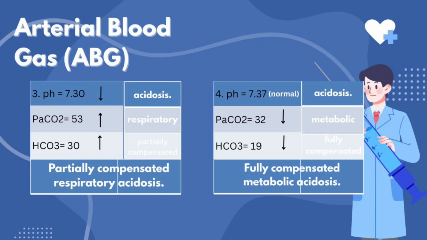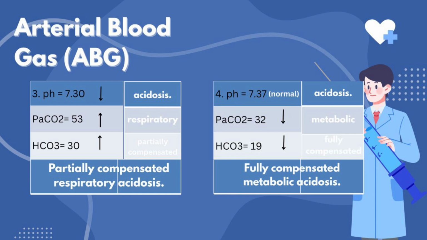Compensation example number 3. pH value is 7.30, partial pressure of carbon dioxide is 53, and the bicarbonate is 30. So step 1, check the pH. 7.30 is below 7.35, which means acidosis. Step 2, using the ROME method, partial pressure of carbon dioxide is high, opposite direction from pH, which means respiratory acidosis.